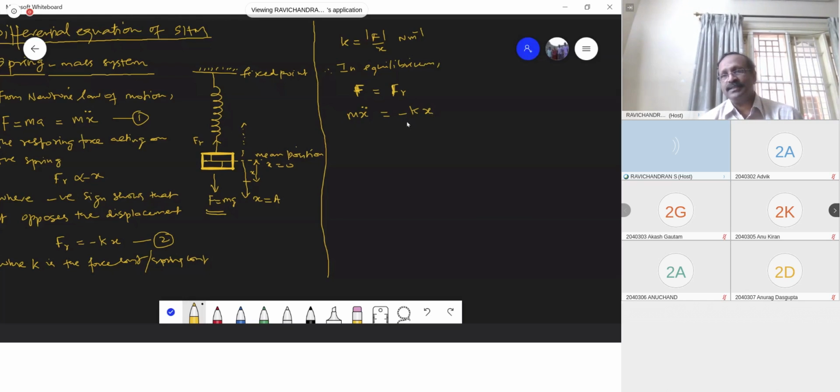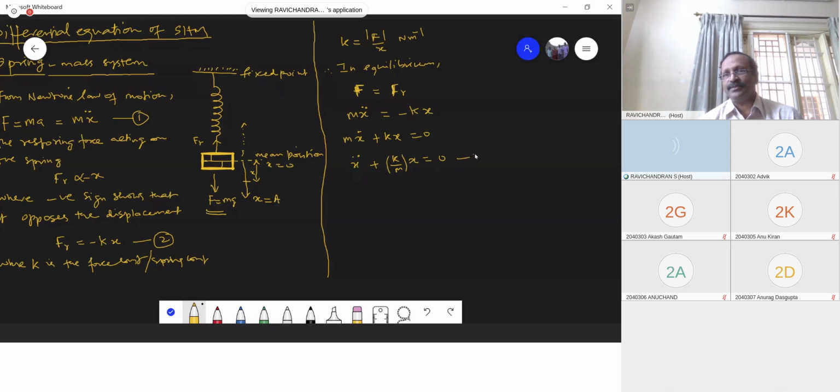Where the minus sign tells you that it is opposite. Okay. Therefore, I can write this equation: m x double dot plus kx is equal to 0, or I can write x double dot plus k by m into x is equal to 0, dividing by m on both sides.